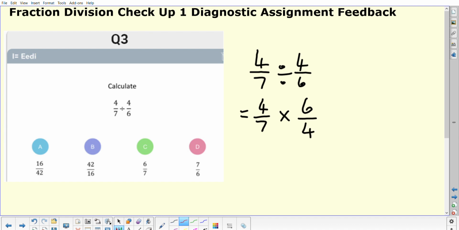You should be trying to simplify. So clearly here we've got 2 4's that we can cancel, so 4 into 4 is 1, 4 into 4 is 1. There is no other simplifying to do here, so you get 1 times 6 on the top, 7 times 1 on the bottom, so 6/7. So we're looking for our answer to be answer C.